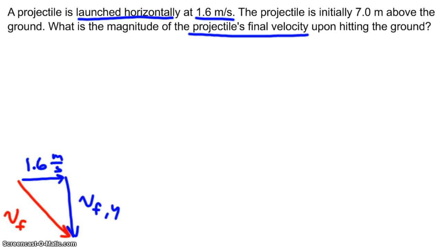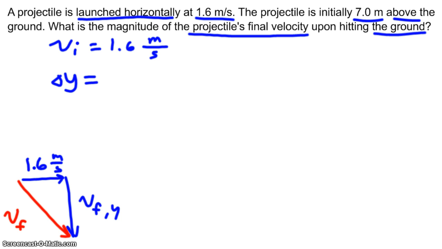Okay, what are the givens in the problem? We know that the thing initially is moving at 1.6. It starts 7 meters above the ground, so that's the initial vertical position. The initial height is 7 meters up from the ground. And it goes to the ground.